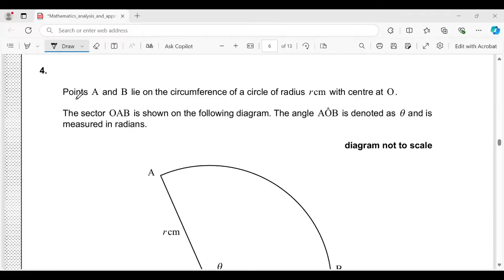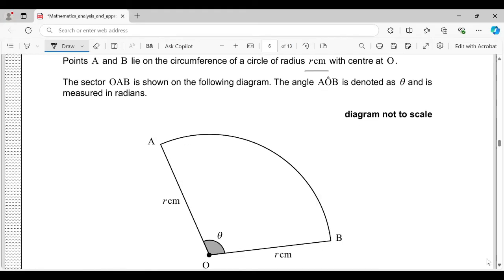Number 4, points A and B lie on the circumference of a circle of radius r centimeters, with center at O. Okay, so the radius is r centimeters. A and B on the circumference of a circle.